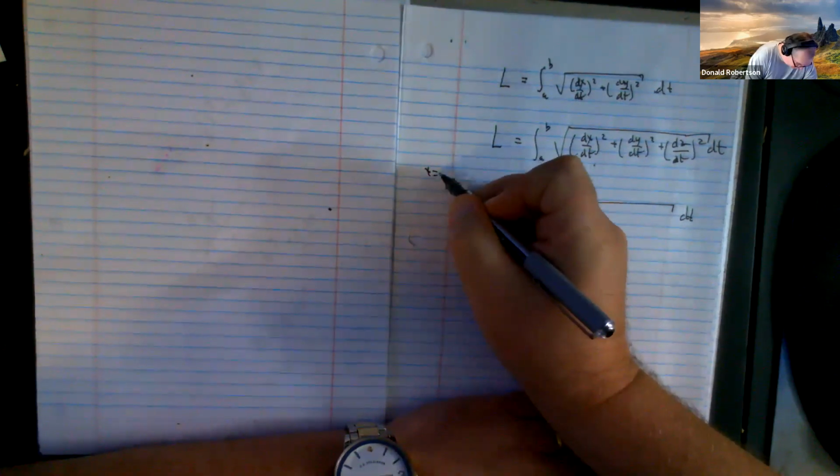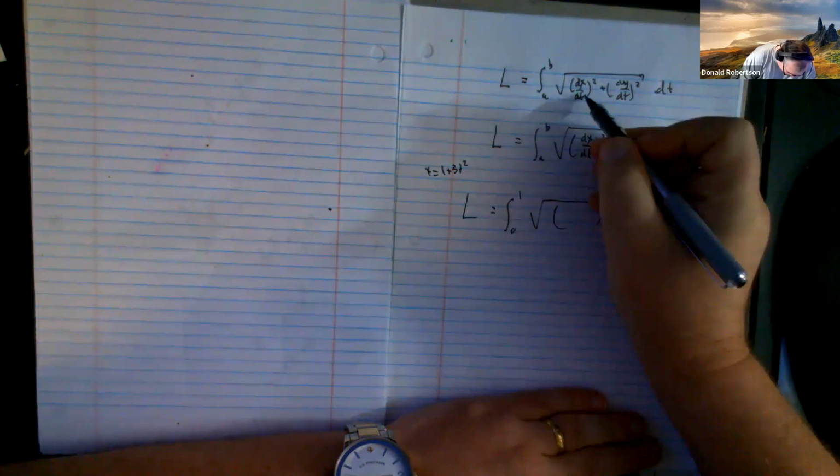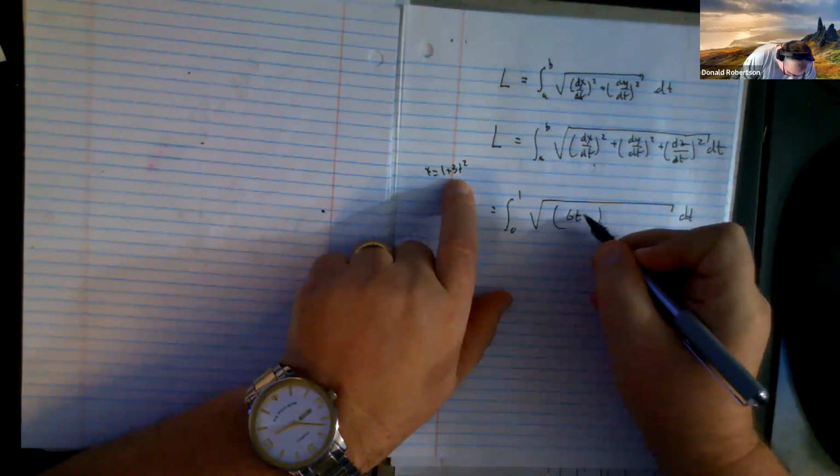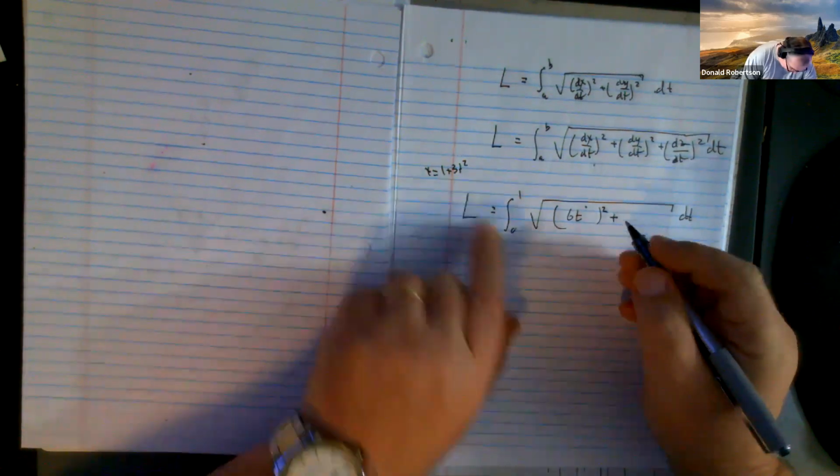So it's going to be the integral from 0 to 1, because they tell me that's the start and finish. The square root of, and x happens to be 1 plus 3t squared. So the derivative of this is 6t, and then you square it. And then the other guy, and the y, is 4 plus 2t cubed.